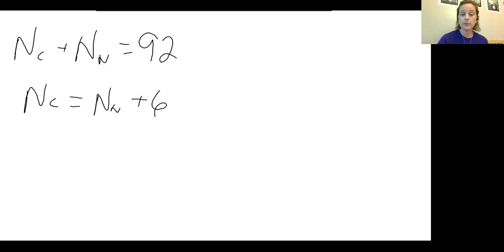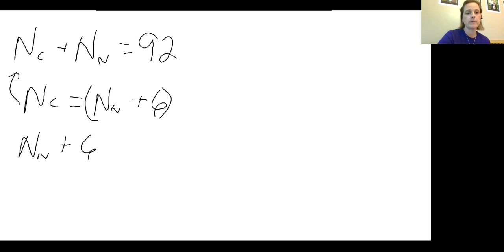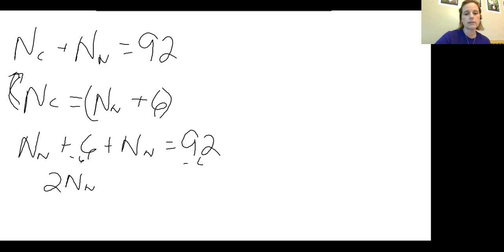But now we're back to what we're familiar with, right? We just substitute. We're going to take the number of Charles and put that back into our original equation. So we have the number of Nancy plus 6, and then plus the number of Nancy would equal 92. So I have 2 number of Nancy's, and I'm going to subtract 6 from both sides.